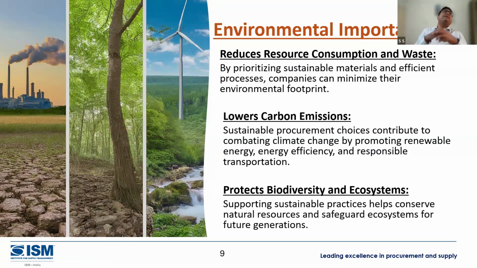So how it does, it might invest in technology for precision cutting so that the fabric has very less scraps out, right? Second point talks about lower carbon emission. Let's say it utilizes renewable energy for its factories, for its manufacturing facilities, for its warehouses.